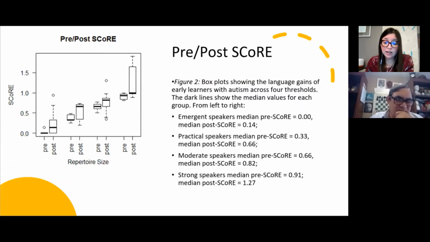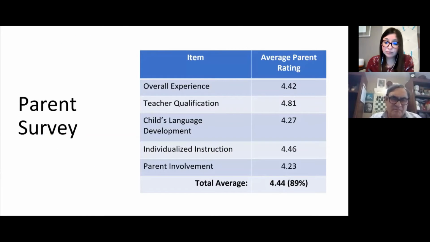Students whose scores fell between 0.00 and 0.19 were identified as having emergent language, and students whose initial assessments ranged between 0.20 and 0.49 were considered practical speakers. Students whose pretest scores were between 0.50 and 0.79 were considered to have moderate language skills, and anyone who scored above 0.80 was considered to have a strong speaker repertoire.